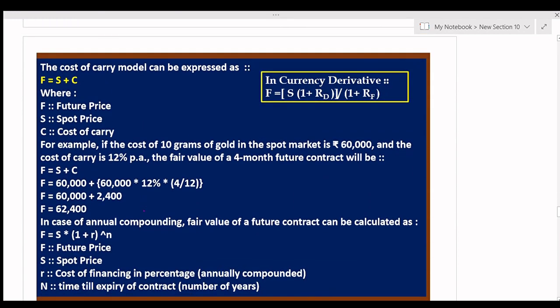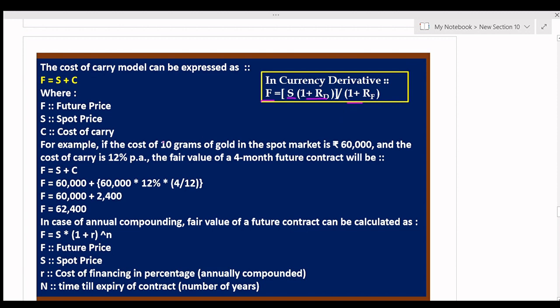The cost of carry model is expressed as follows. In currency derivatives, I have already discussed that future price is equal to spot price multiplied by 1 plus RD, where RD is the interest rate in the domestic country, divided by 1 plus RF, where RF is the interest rate in the foreign country.